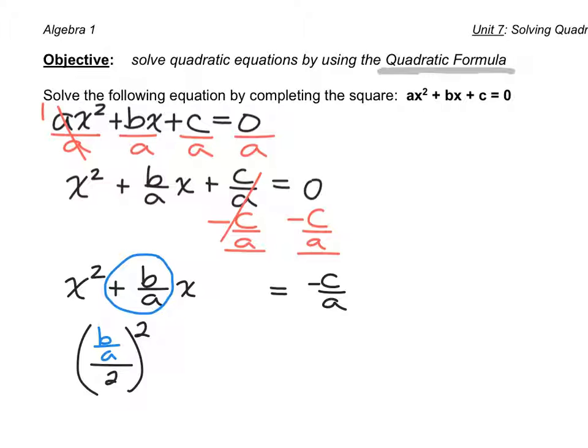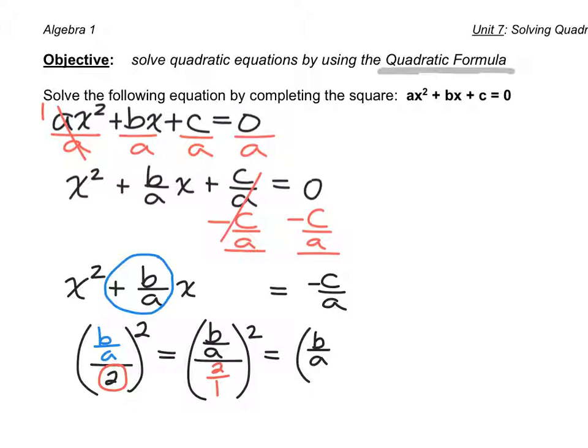All right, I'm going to rewrite that as b over a divided by, if I wanted to write 2 as a fraction, what would that fraction be? 2 over 1. Now, I have a division within these parentheses. It's b over a divided by 2 over 1. If I wanted to write that as multiplication, what would I write?